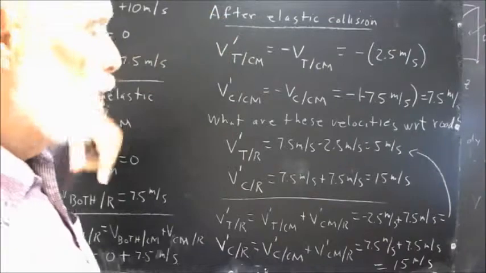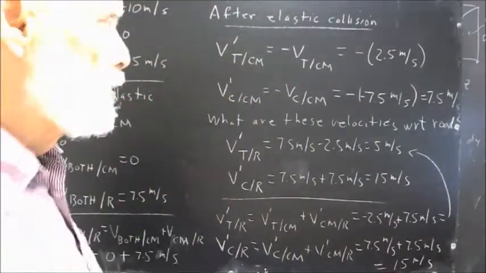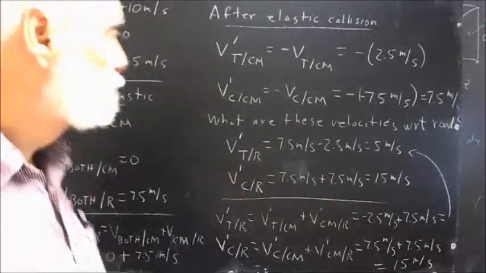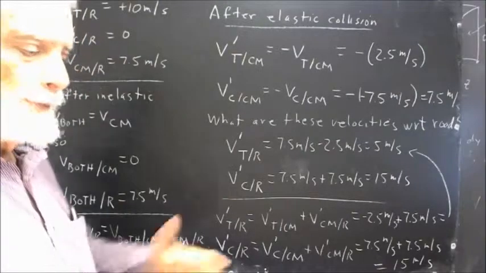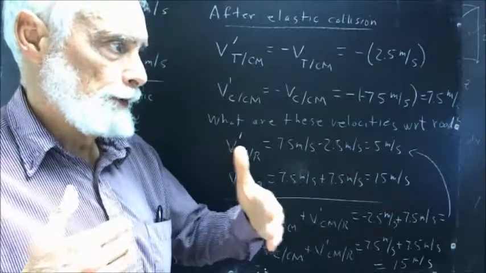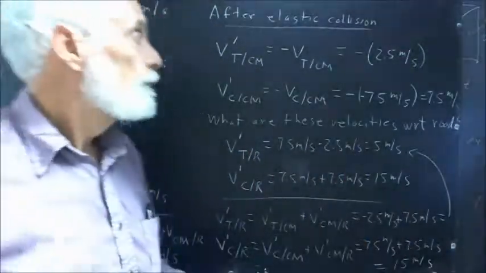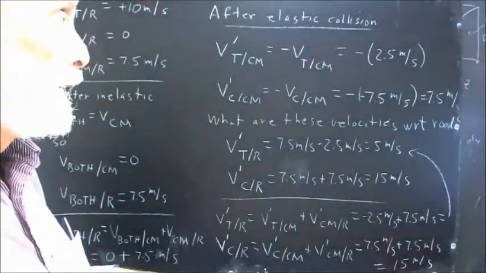Okay, now after an elastic collision, what? Using the prime for the velocity after, V prime of the truck with respect to the center mass, just intuitively, the truck is approaching the center mass. It's catching up to the center mass. The center mass is here. The truck is catching up to it. The truck has a positive velocity with respect to the center of mass.